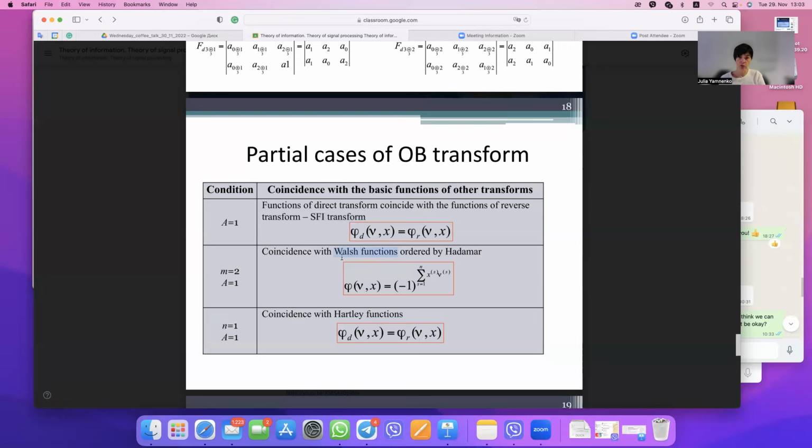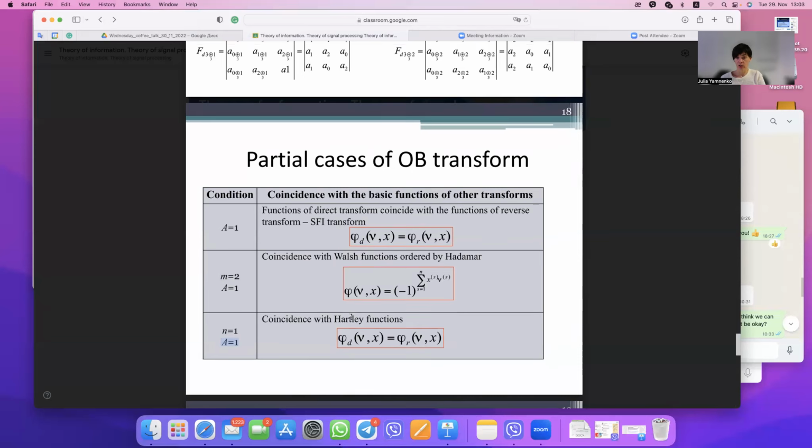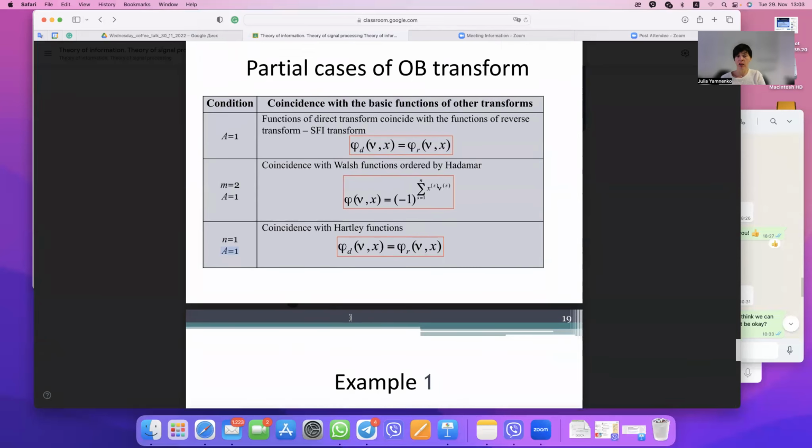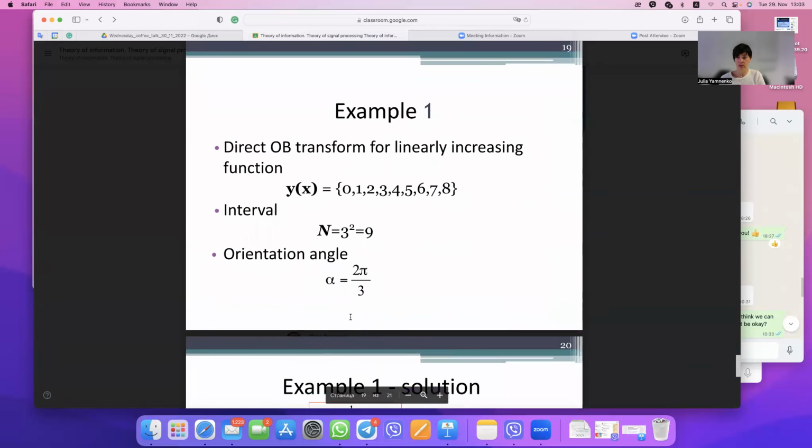So the Walsh function is a partial case of the OB transform for the condition m equal to 2. And if we take n equal to 1 and A equal to 1, we will obtain the traditional Hartley basic function. So the Hartley transform is also a partial case of the OB transform.